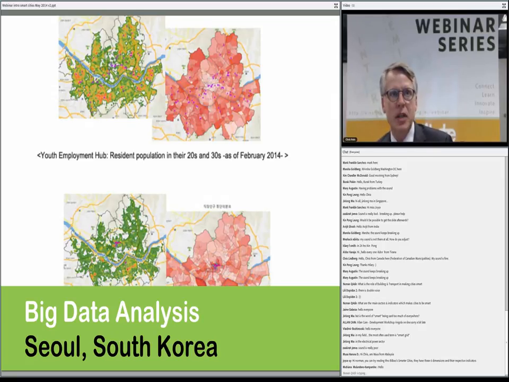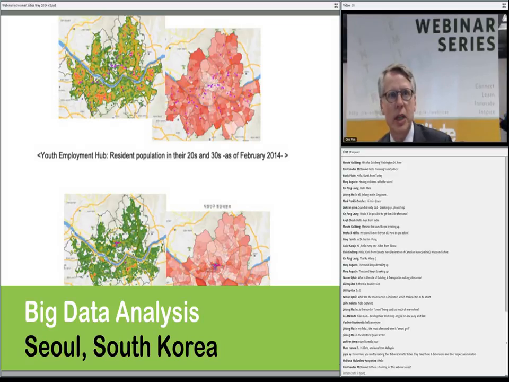As they look at this data, they're using it to design much more efficient placement of the employment hubs, the places where they're trying to bring their residents in their 20s and 30s to come together and develop all of those new and innovative approaches to living and working in a city.